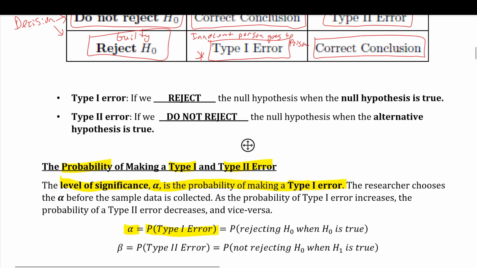We can never really have our error probability be 0, because there's always a chance of making an error, but we want to minimize it as much as possible. Typical values for alpha are 1%, 0.05, and sometimes even up to 10%. The more serious the issue, the lower the alpha should be, okay?